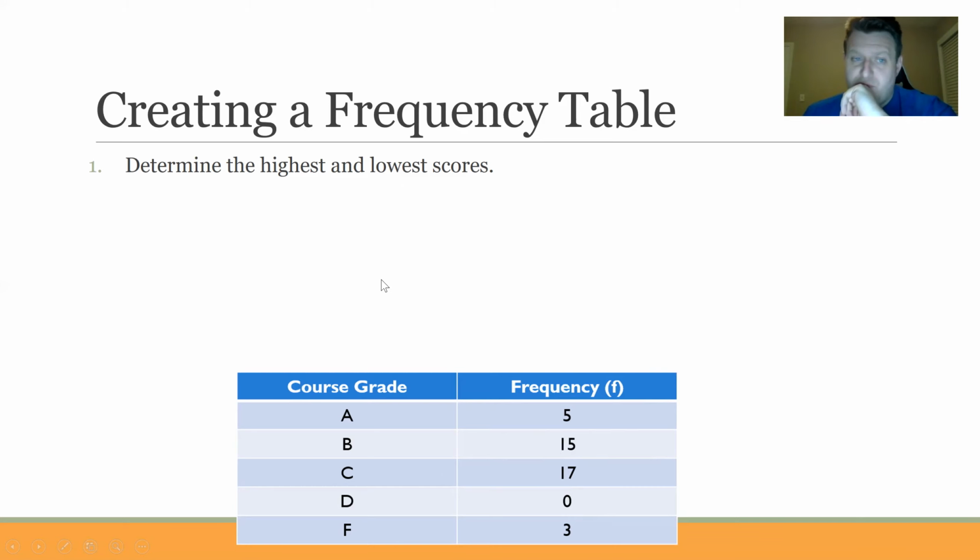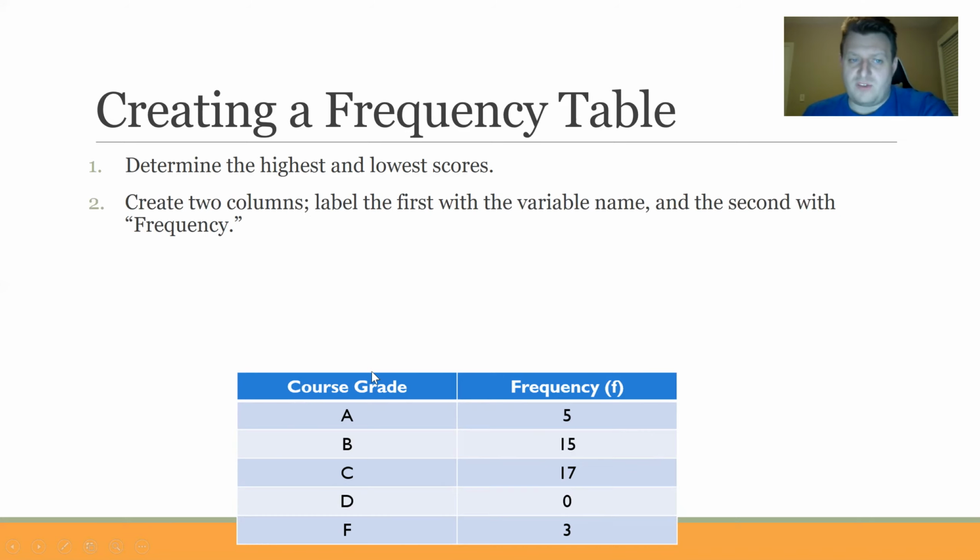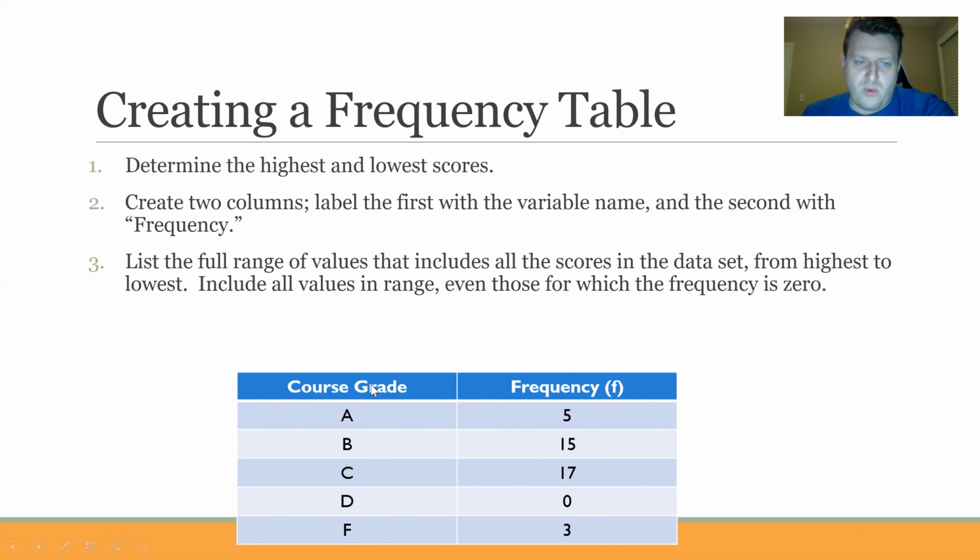If we want to create a frequency table, the first step is to determine what our highest and lowest scores are. We create 2 columns. The first column is going to be the name of the variable, and the second column is going to have frequency in it. We might abbreviate frequency with a lowercase f. We're going to list the full range of values. Again, this is the full range, every single value that the variable could take.